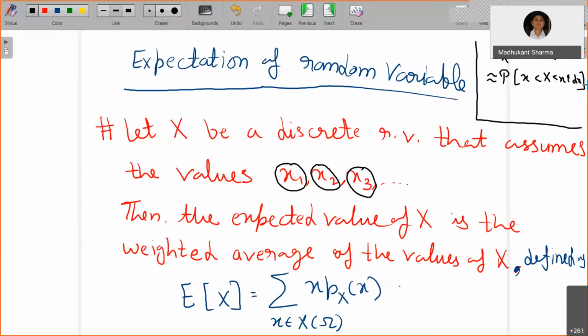So these assigned probabilities are given by fX(x) dx, and if you integrate throughout, the total is going to be equal to 1, you know that. Integration from minus infinity to plus infinity.